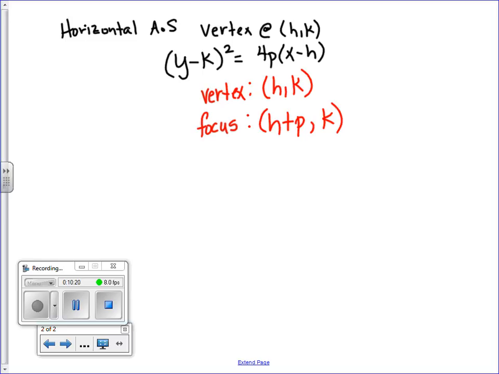Yeah, because remember yesterday it was at p comma 0. Well, you just added 0 plus p, and you got p. Well, now we've got to add h to p. Always talk about P's have to make me P. All right, what about the directrix?